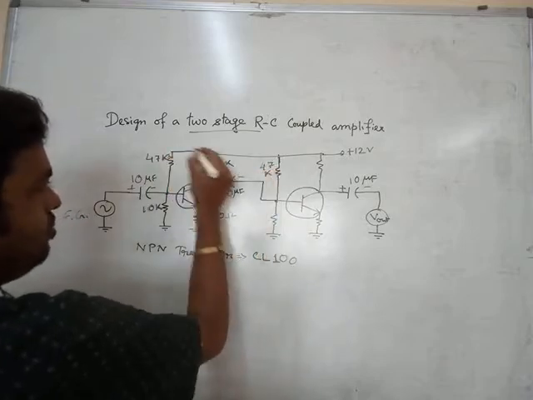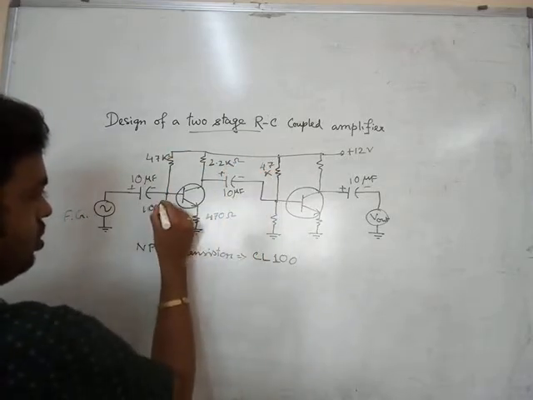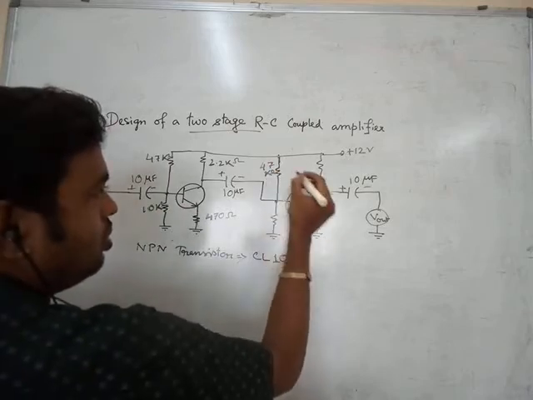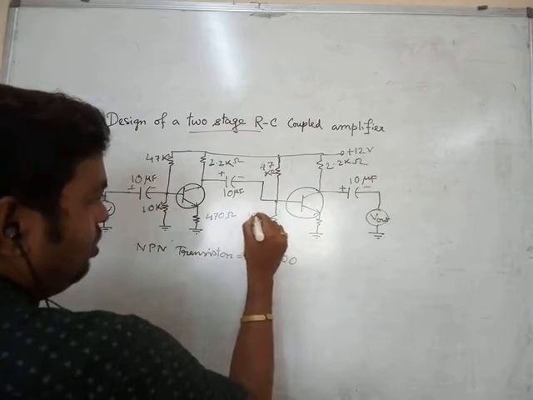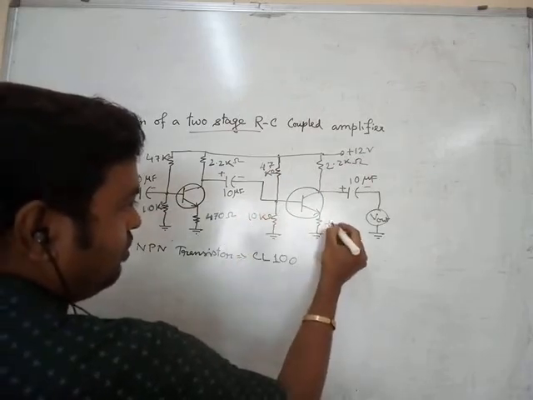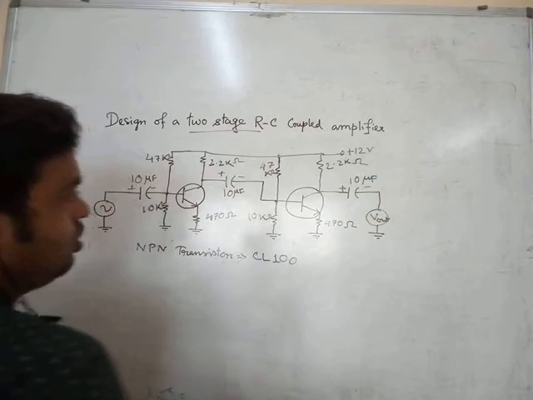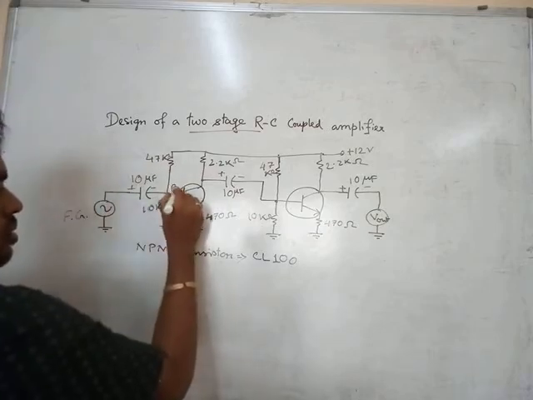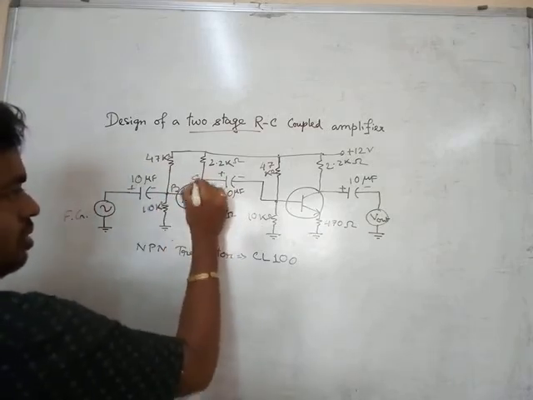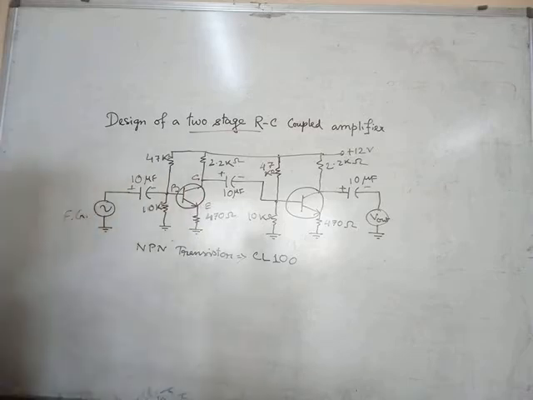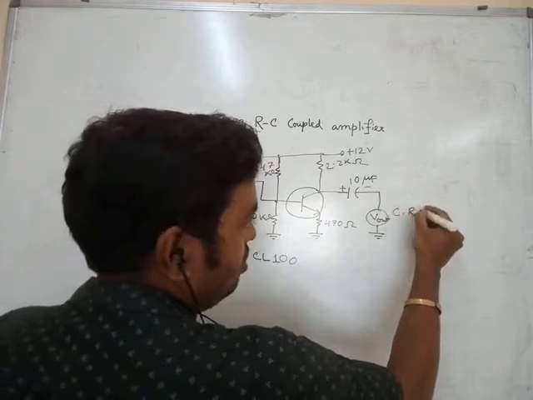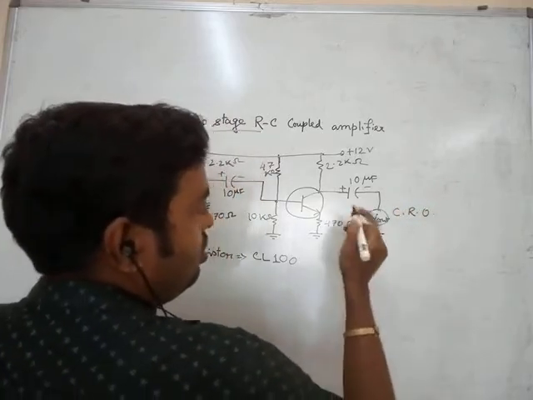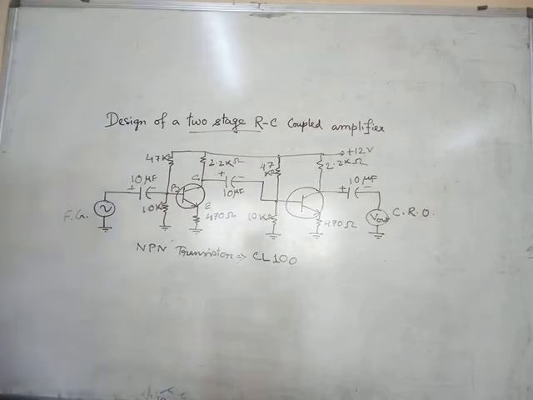K means kilo ohm. 2.2 kilo ohm, 10 kilo ohm, and this is 470 ohm. This is base, emitter, and this collector. And we take the output from CRO. So this is overall circuit of two-stage RC coupled amplifier.